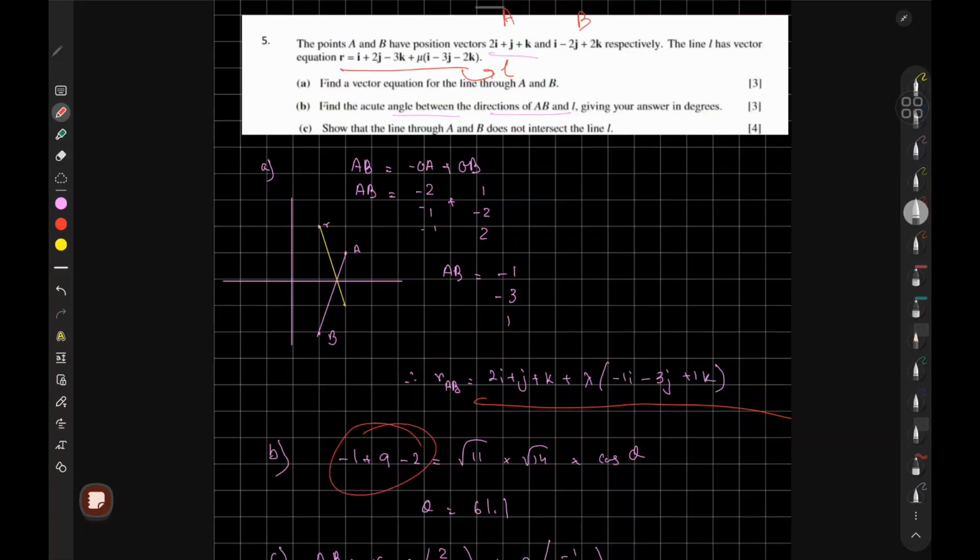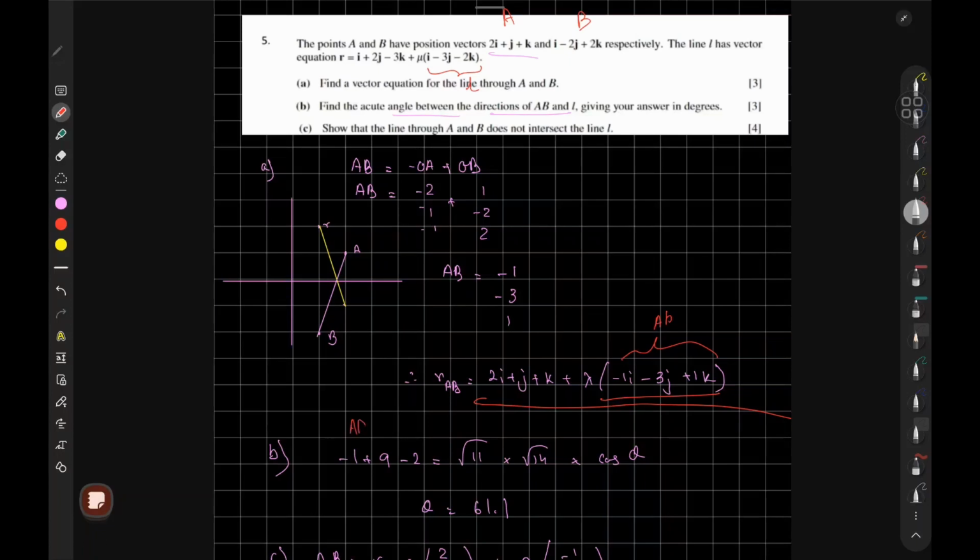So this is your dot product, A dot B, which is basically in this case, since this is your vector for the line equation, this is your vector for AB. So this is one of the vectors, the other vector is above over here, 1 minus 3 minus 2. This is for L and this is for AB.